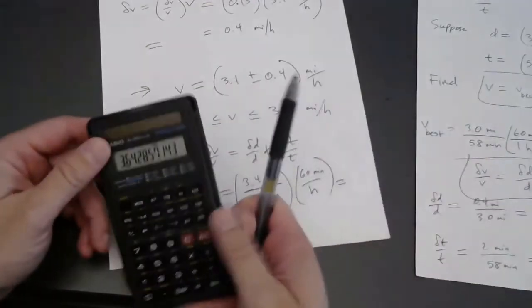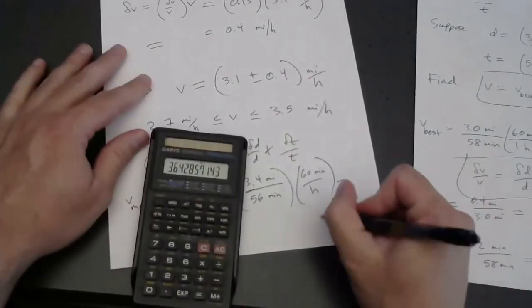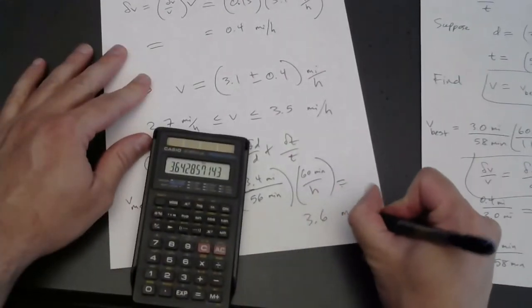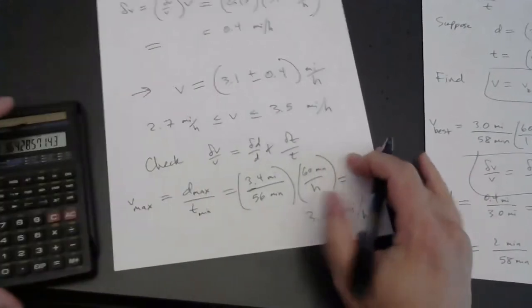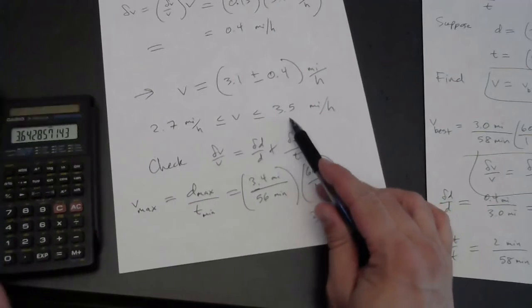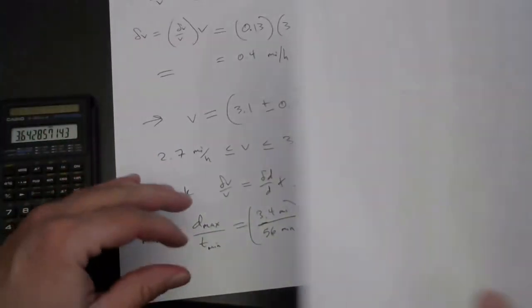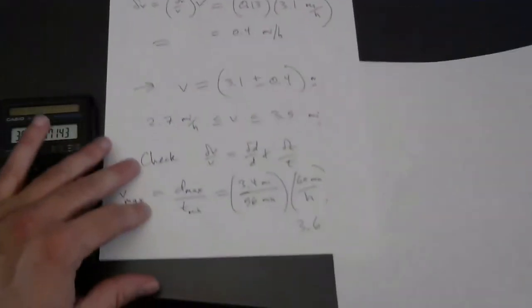Oh, I'm checking the other one, right? Yeah, I'm checking the 3.5, right? I'm doing the highest likely speed, and I get 3.6. Okay, so just by using common sense and plugging in reasonable numbers, I get a number very close to what I got using this more formal method. So that's reassuring. I'm not going to kill another tree. I'll use the backside here.